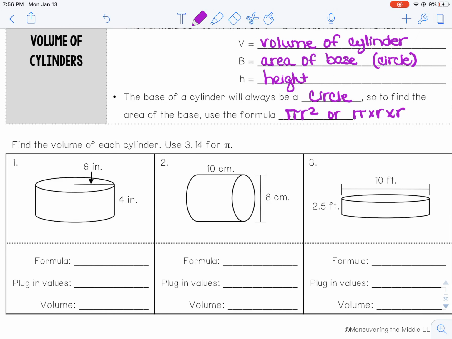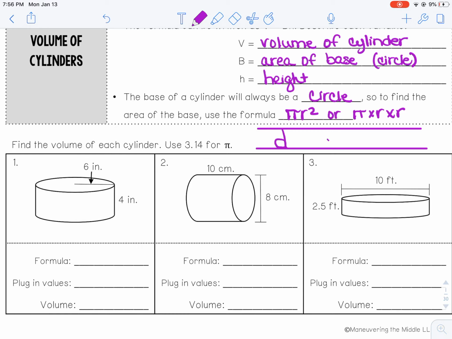Before we get into these basic diagrams down here and finding volumes of cylinders, I want to repeat something that I said last week. The main thing with these is you've got to be able to tell the difference between diameter and radius of a circle. I told everybody in my classes to go back to when you were in elementary school learning how to write your letters: a lowercase d took up the entire width of the line, just like in a circle, diameter takes up the entire width of the circle.